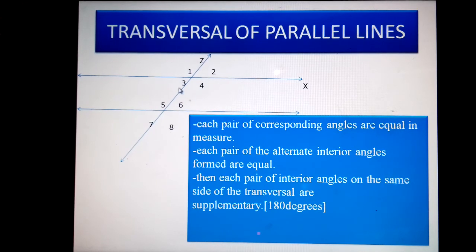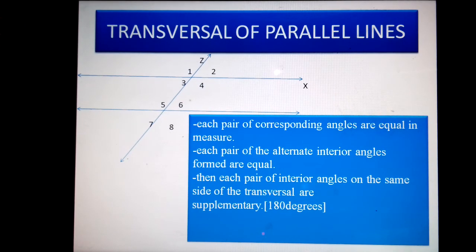Now alternate interior, I told you, normally takes the position of the form of a Z, so it will be easy for understanding. It will be opposite also. So here 3 and 6 and 4 and 5 will be equal. If this is 30, this is 30; if this is 45, this is 45, like that. So each pair of alternate interior angles are equal.